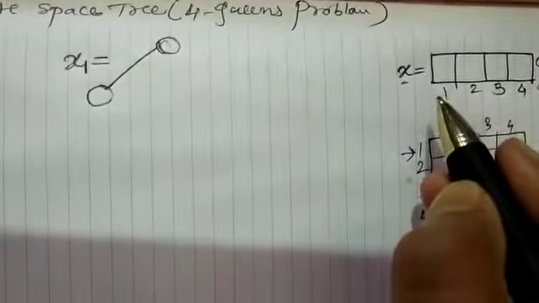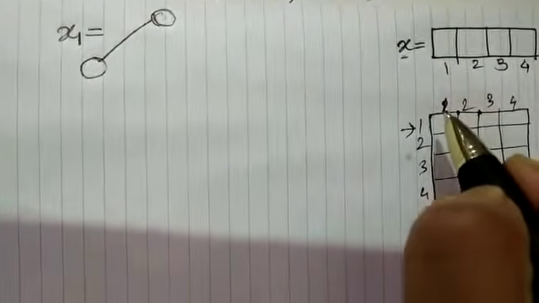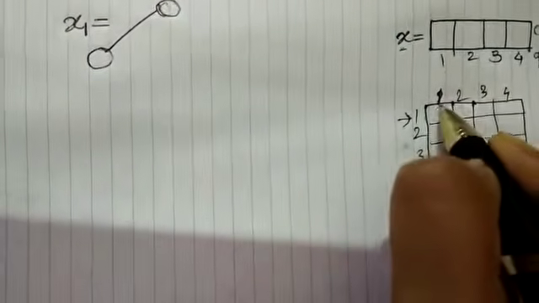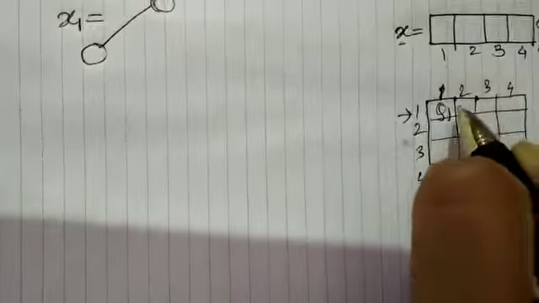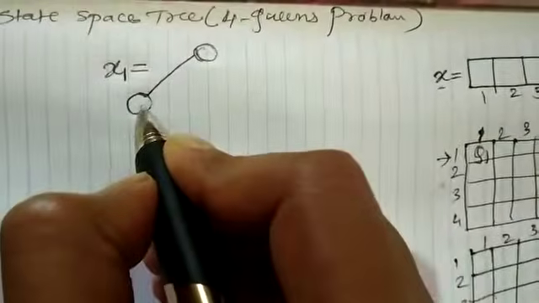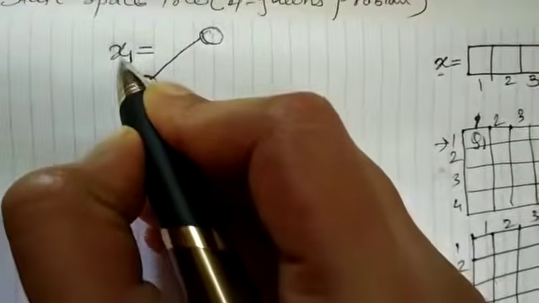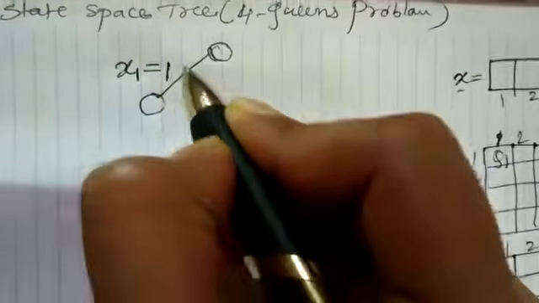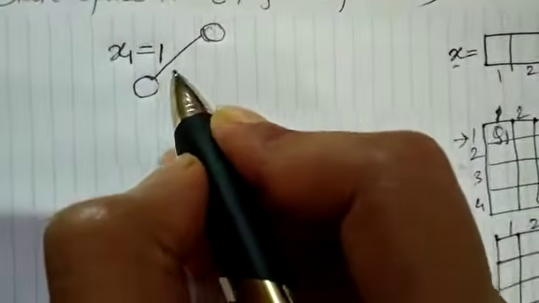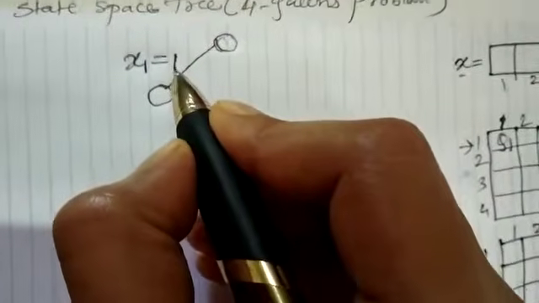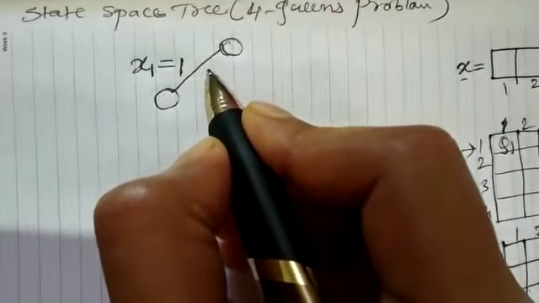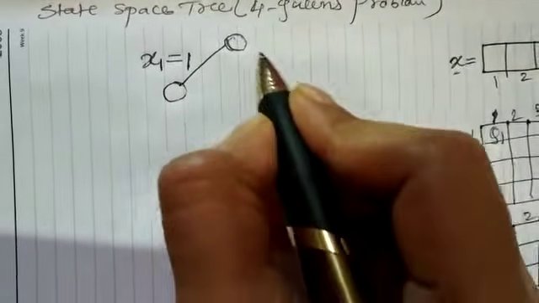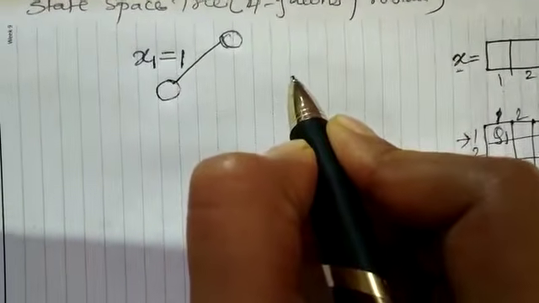As there are 4 columns, there will be 4 branches. And the queen 1, that is X1, let's assume that it is placed in first column, that is over here. So I have generated the first node where I am considering queen 1 is placed in first column. As we are using backtracking approach, we are not going to generate all the 4 nodes at the same time.